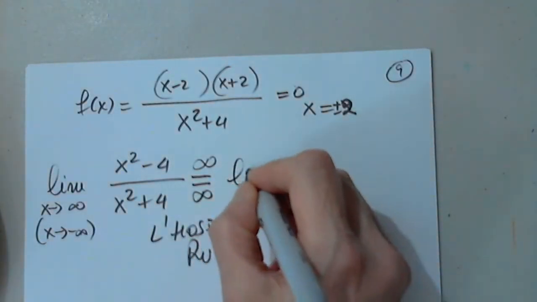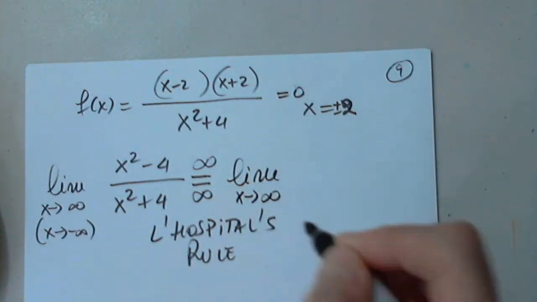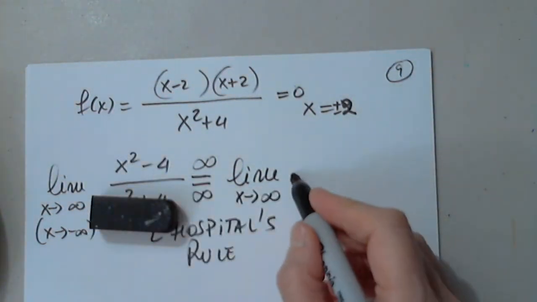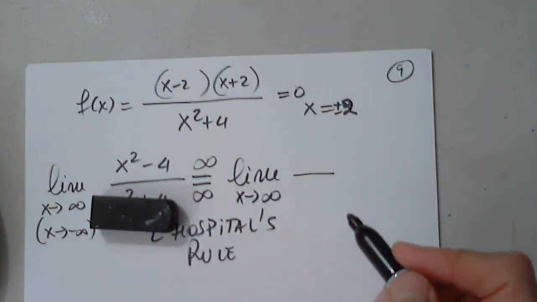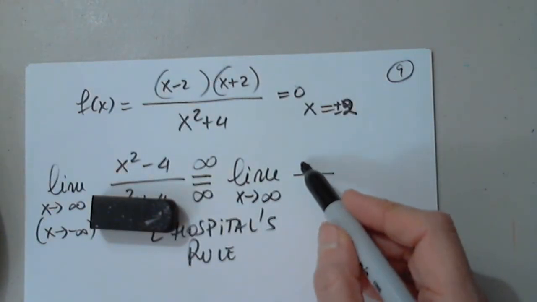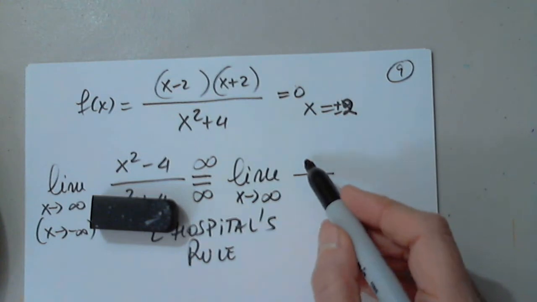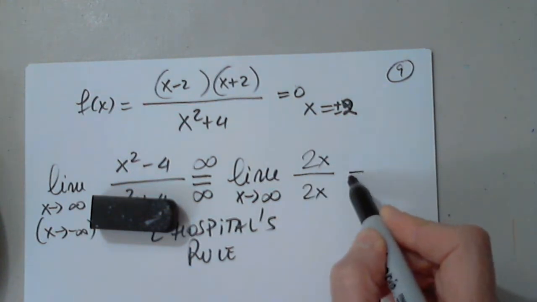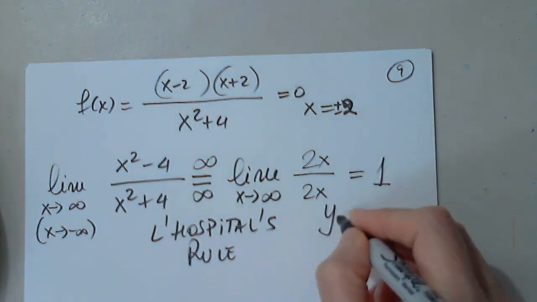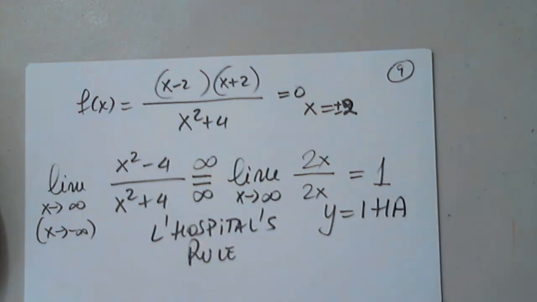L'Hopital's rule: I copy the limit, differentiate the top, and then differentiate the denominator. And what is this limit then? 1. Excellent. y equals 1, horizontal asymptote.